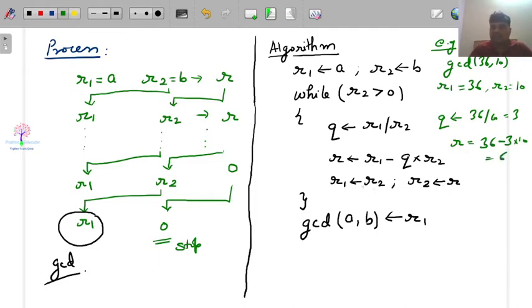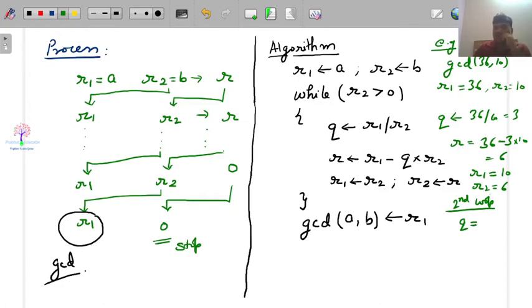So again replace R1 by R2, R2 by R. So R1 will become 10, what is R2? 10, and R2 will become R, so 6. Now in the second loop, Q is equal to R1 upon R2.